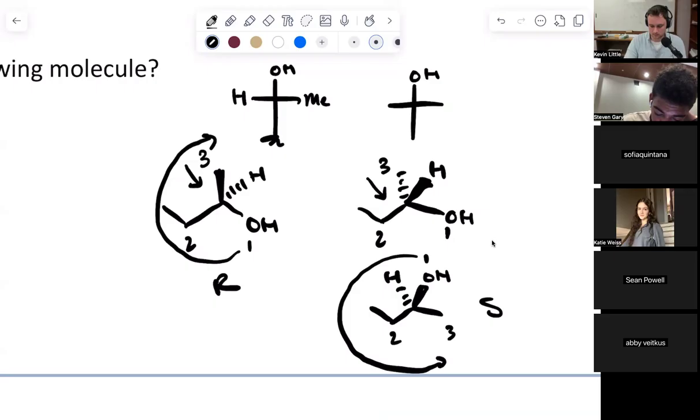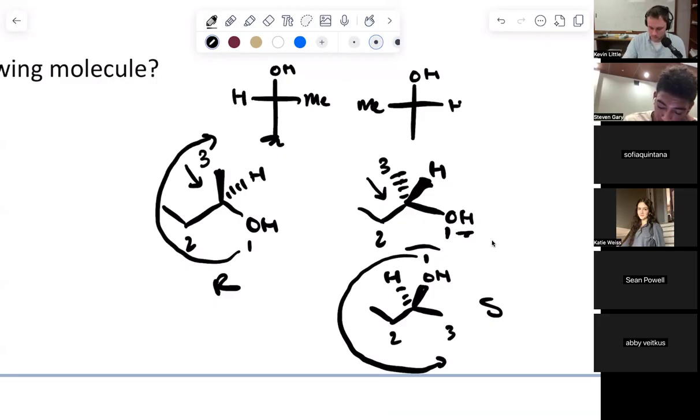For this one, is the methyl going to be on my right or my left? I forget that you guys can't see mine. It has to be the one with the OH on the bottom. Where's the methyl going to be? It's a dash, so it'll be on the left, right?